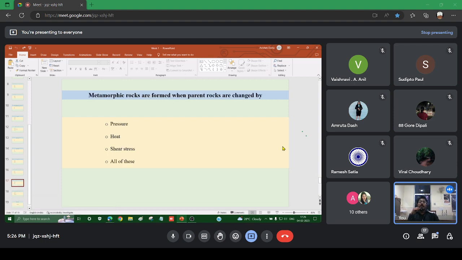Metamorphic rocks are formed when parent rocks are changed by. The options are pressure, heat, shear stress, or all of this. You have to state the factors which lead to the formation of metamorphic rocks.